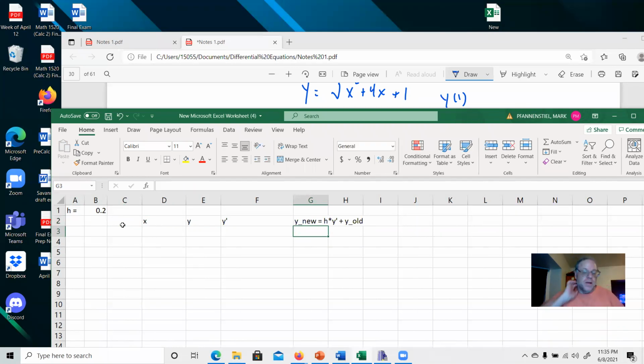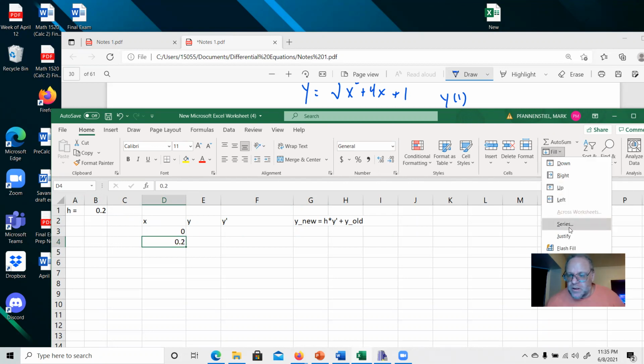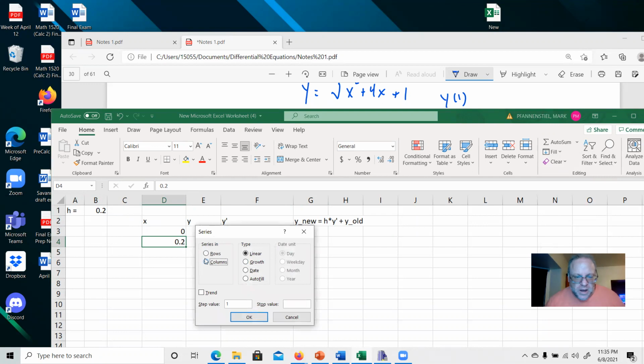Okay. So here we have X starts at 0, right? And then we go up by 0.2. I'm going to go ahead and say fill series columns. There's a dozen different ways to do this, so you can do it however you'd like. It's fine. Stop value of 1.